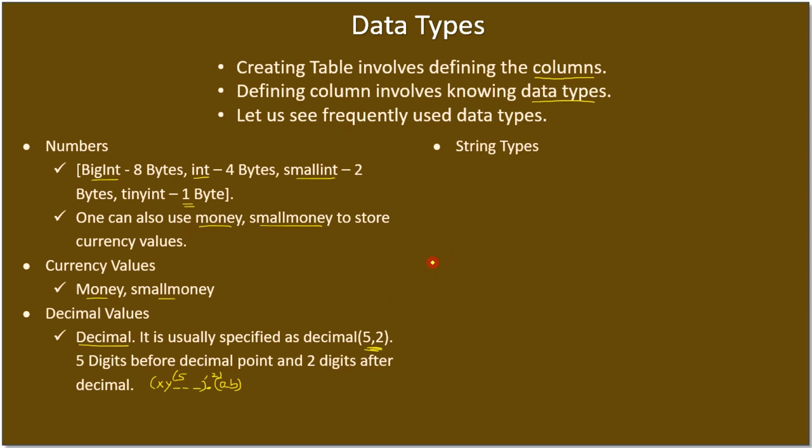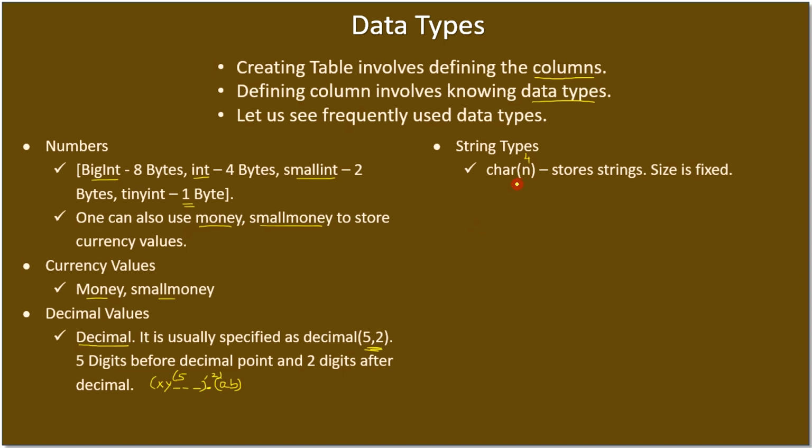To define a string column, you can use char. Char(n) means it stores a string and the size is fixed. For example, if you specify char(4), then 4 characters are fixed.